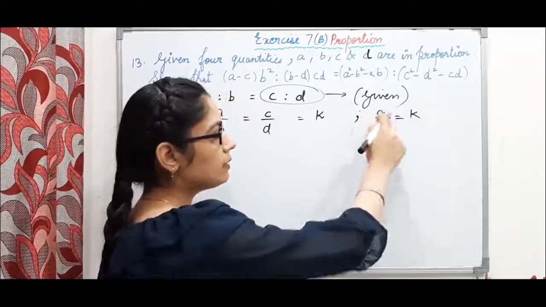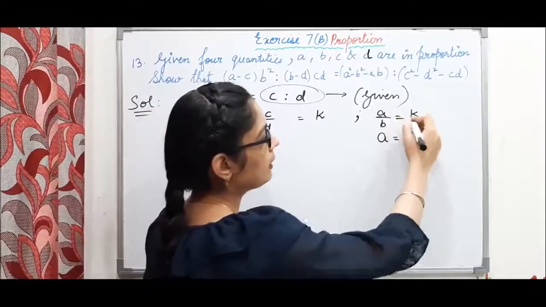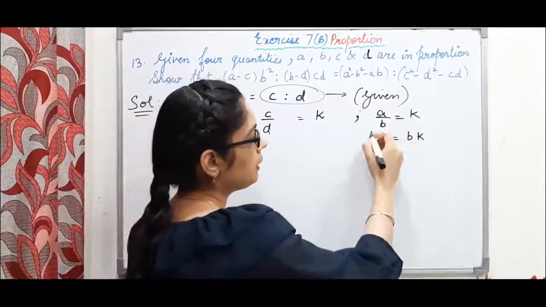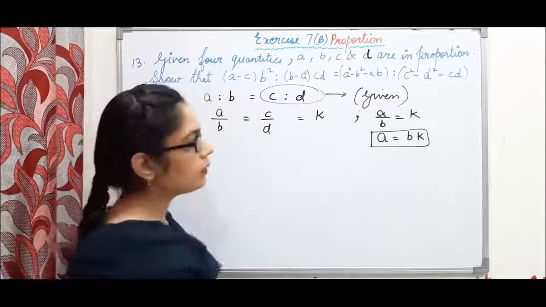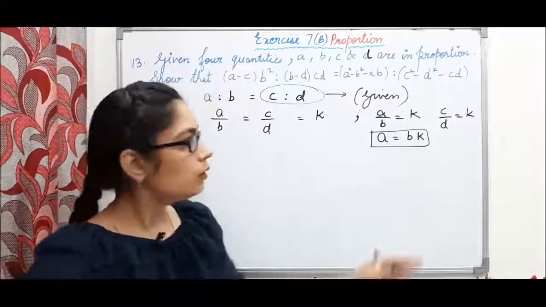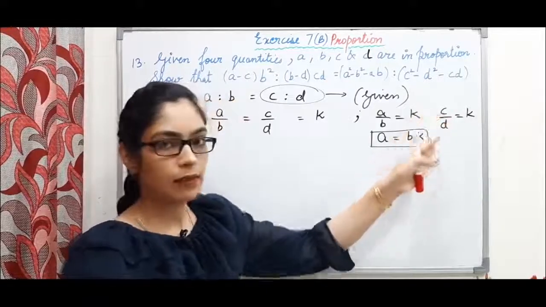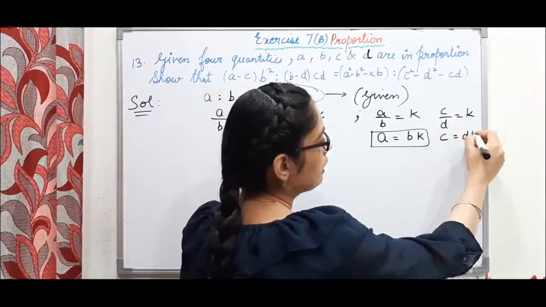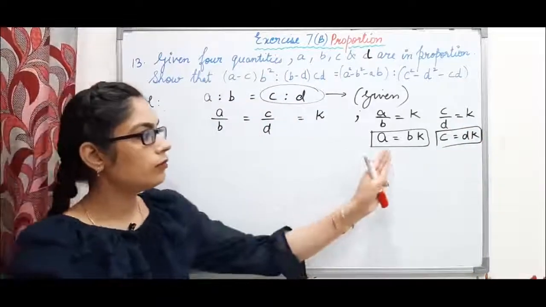B is dividing on this side, so on changing its side it gets multiplied by K. So A equals BK. In the same way, C by D equals K. To get the value of C, I shift D to the other side; the division changes to multiplication. So C equals DK. Now I have got the values of A and C.